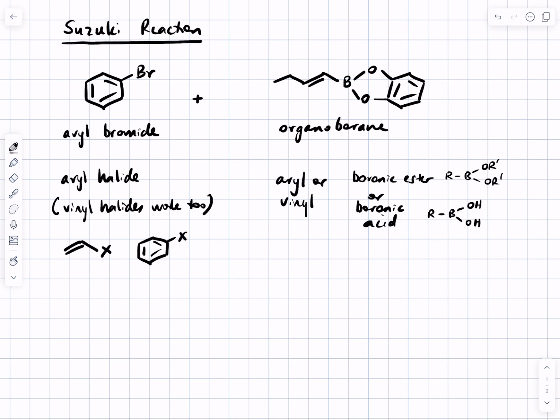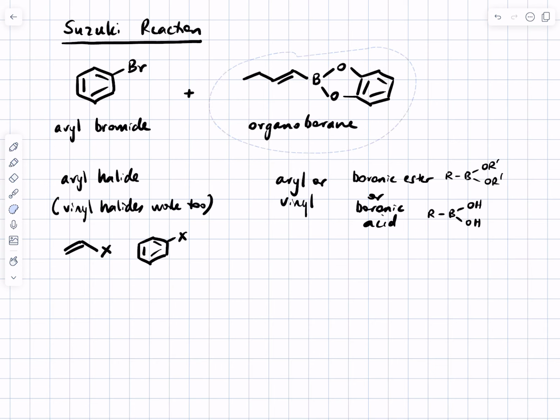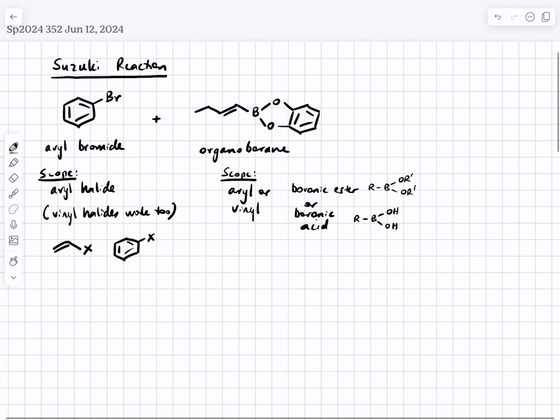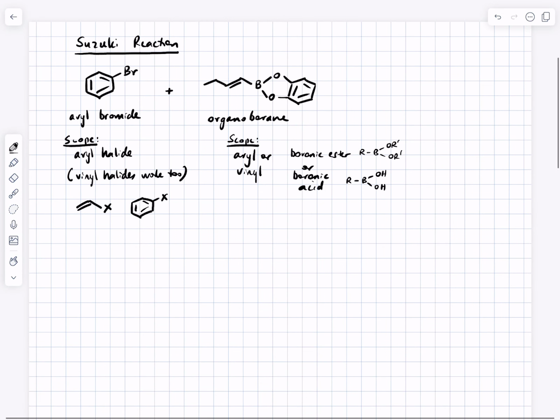So what I'm trying to do, and sorry for the confusion, is draw a specific example of the Suzuki reaction, and then give you a sense for what the substrate scope of each of these reactive partners is. In other words, what else works.